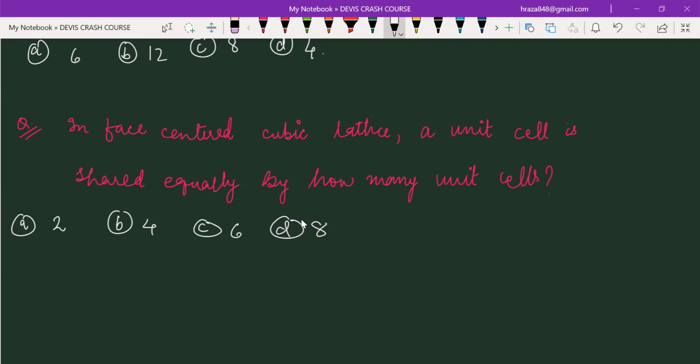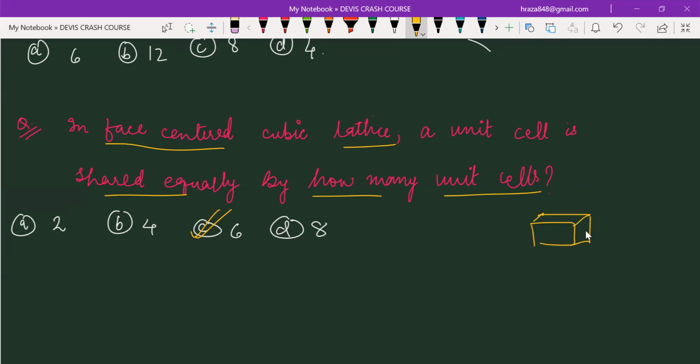Is it 6? Yes, it is. It's very simple, right? In a face-centered cubic lattice, a unit cell is shared equally by how many unit cells? Yes, 6, because we have this structure.